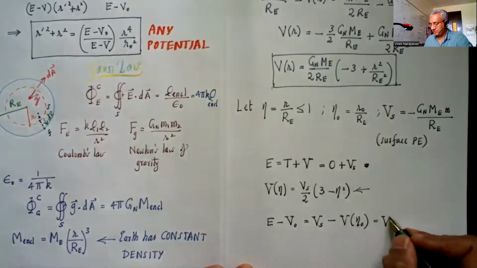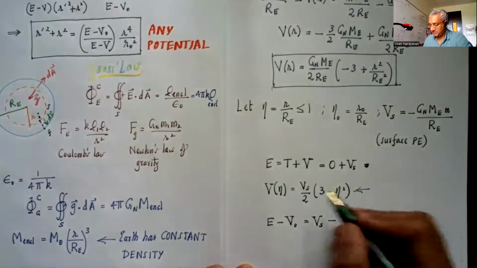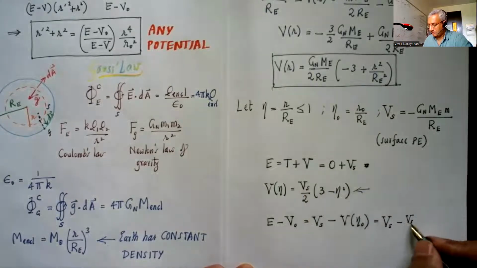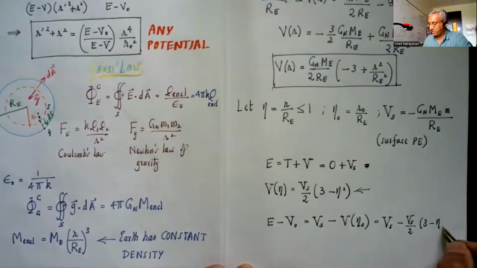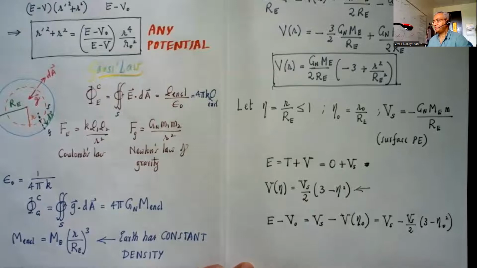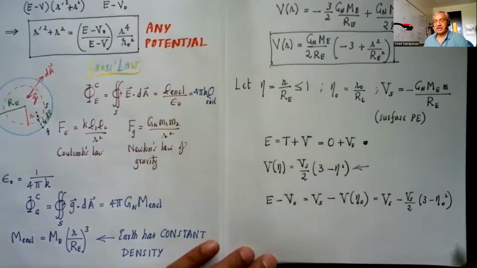So this gives me Vs minus Vs over 2, 3 minus eta naught squared. All right. I have a Vs and I have a 3/2 Vs. When I take the difference, it's just half.